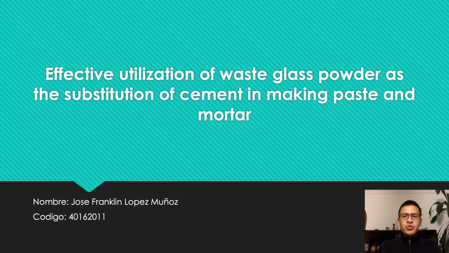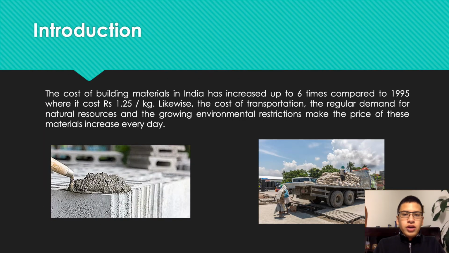In this video, we are going to talk about the effective use of residual glass powder as a substitute for cement in the manufacture of mortar. The introduction mainly talks about the high demand for natural resources and the growing restrictions in India on landfills.